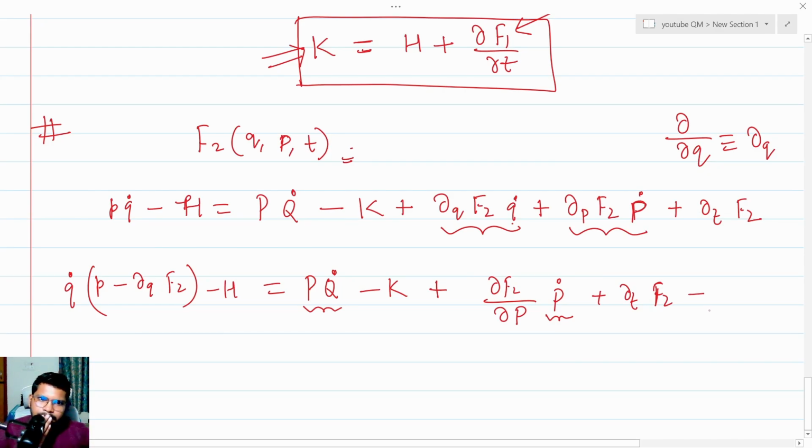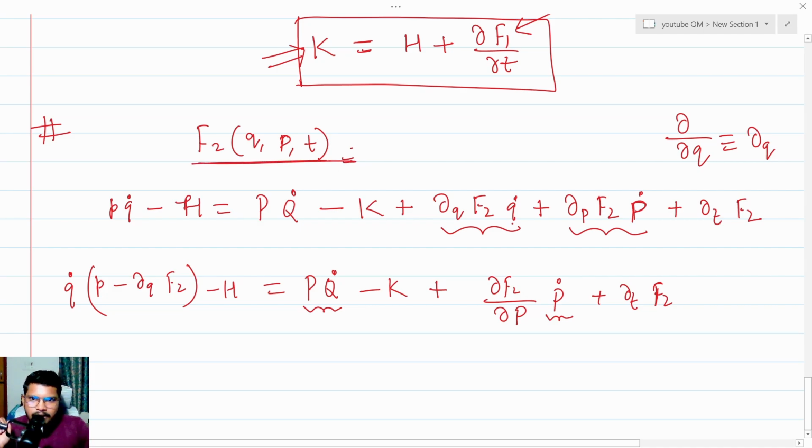Can I have something that cancels out this P Q dot? Well, it simply says P Q dot plus P Q dot, but it is not going to do my job, right? Because I cannot simply add and subtract over here because still I'm going to be left with the P Q dot, right? Well, I can do something.